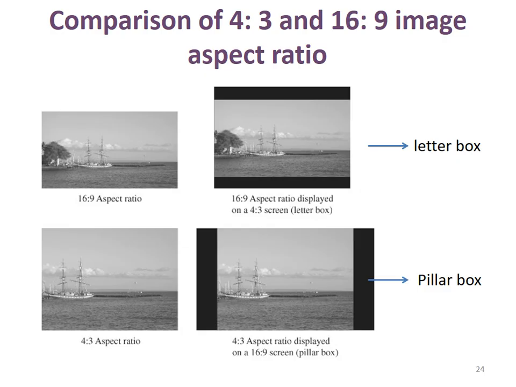On the contrary, if we have the original aspect ratio 4 to 3, then we can apply pillar box. Actually, we include black regions on the left-hand side and right-hand side to make it a wider range, so the aspect ratio will be 16 to 9.